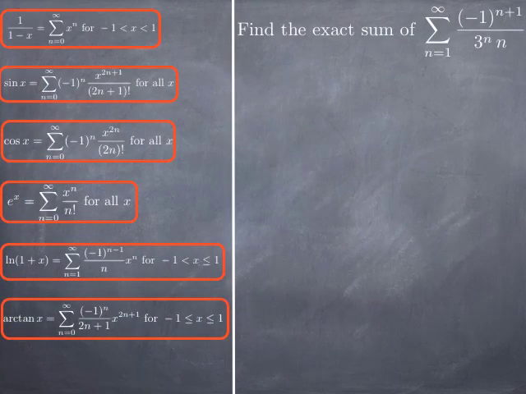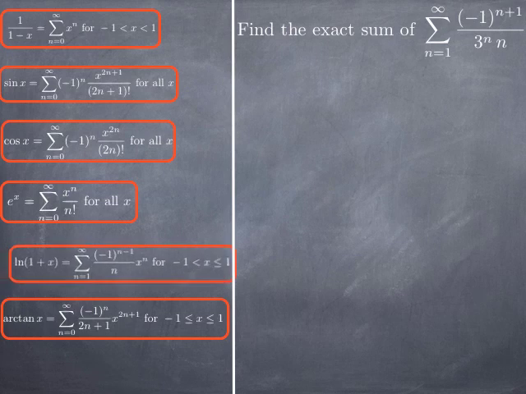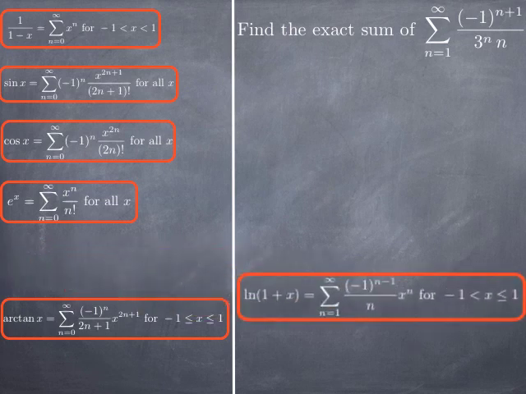Let's look at one more example where we want to find the exact sum of the series from 1 to infinity of (-1)^(n+1) divided by 3^n. So again, among the candidates we have in the column on the left, we have the power series representation for natural log of 1 plus x.